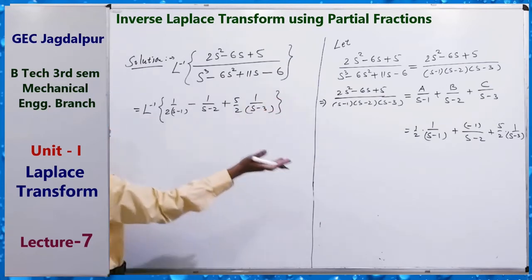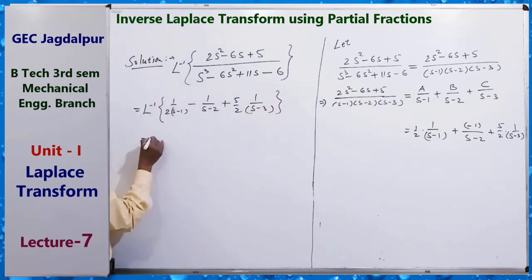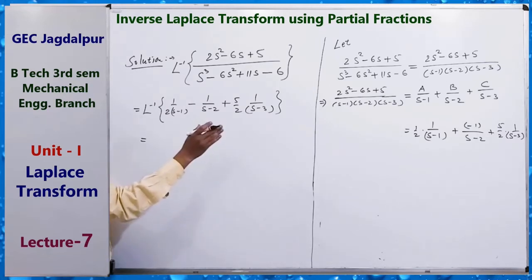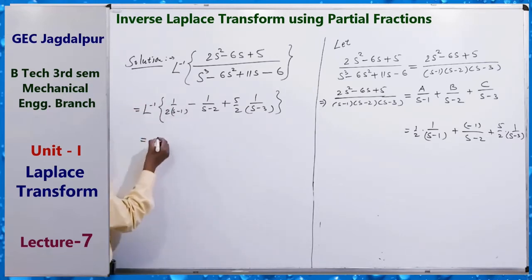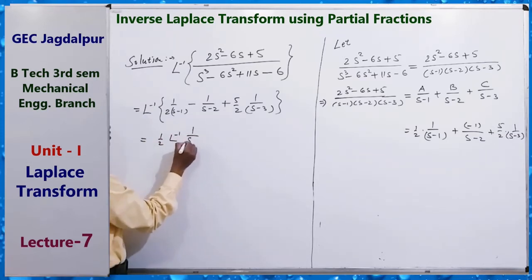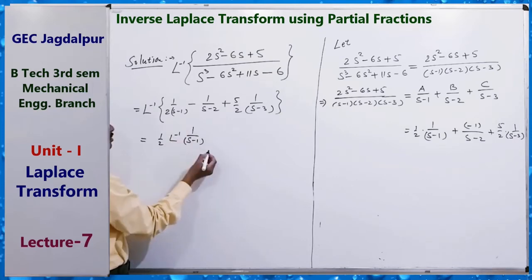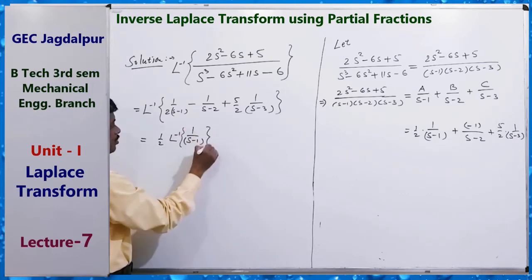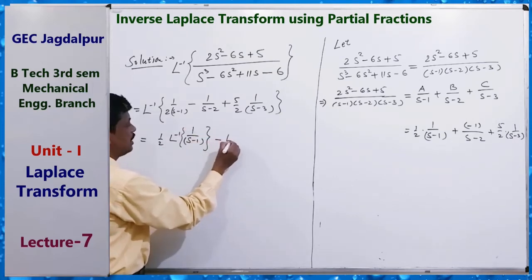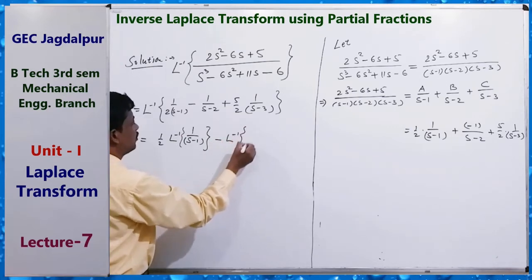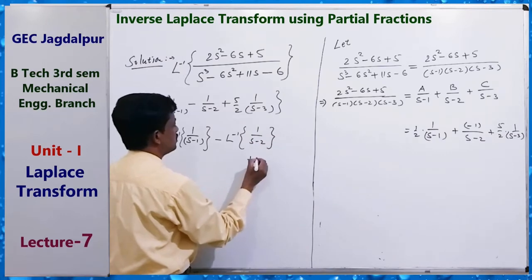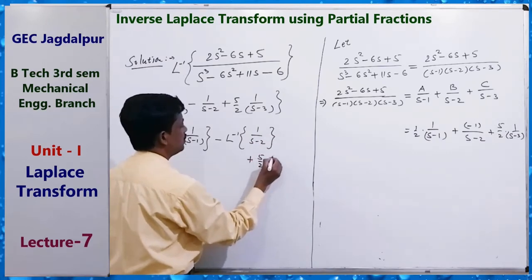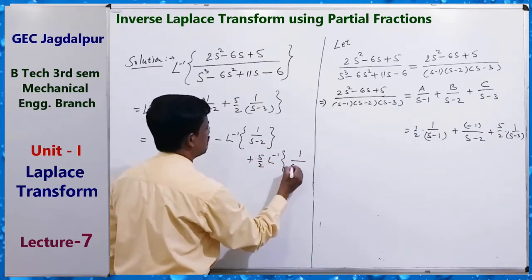By using the linearity property of inverse Laplace transform, this is equal to 1 by 2 constant, L inverse 1 upon s minus 1, minus L inverse 1 upon s minus 2, plus 5 by 2 common, L inverse 1 upon s minus 3.